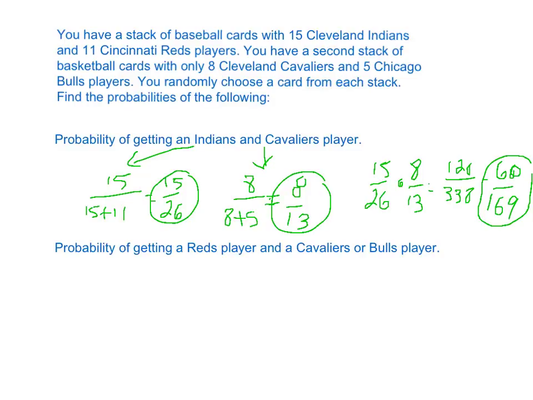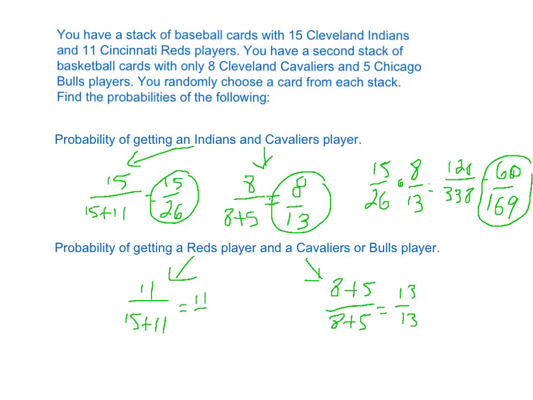Alright, what happens now if we look at getting a Reds player out of the one stack, and then out of the other stack we get a Cavs or Bulls player? Well, the Reds player, there are 11 of them in a stack that has 15 Indians and 11 Reds. And then for the other stack, there are 8 Cavaliers and 5 Bulls players. Well, this gets you 13 out of 13.